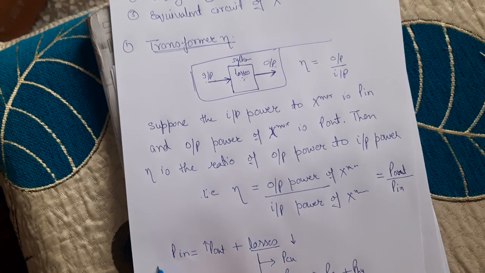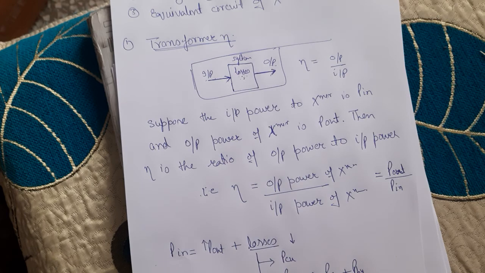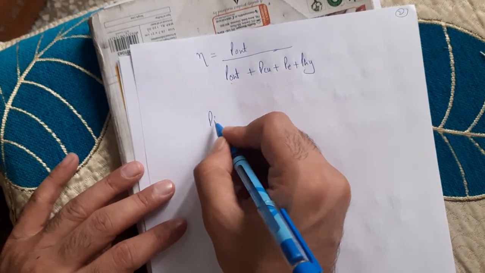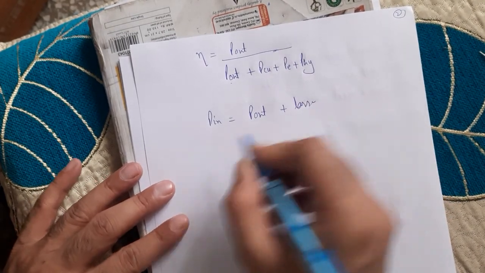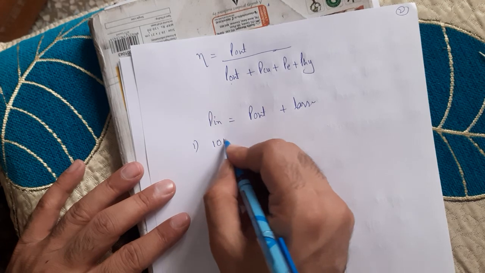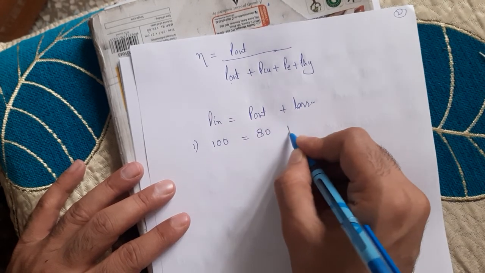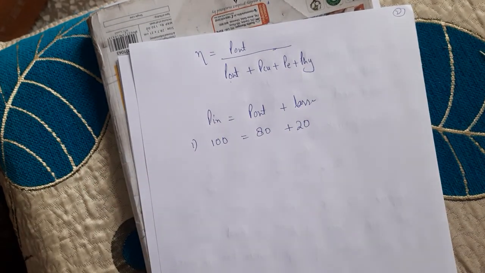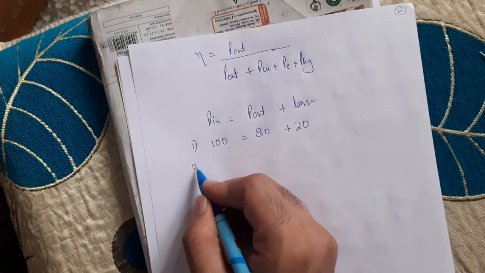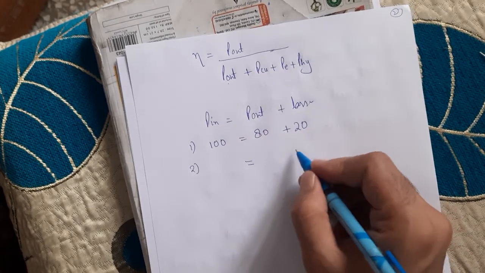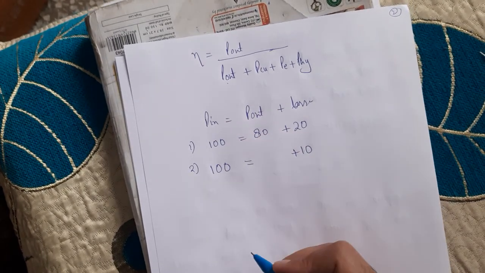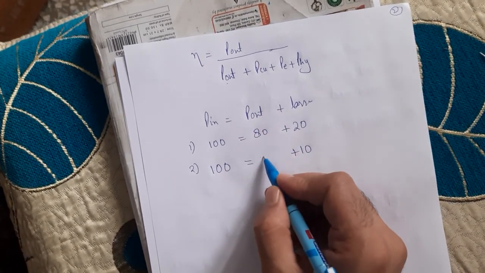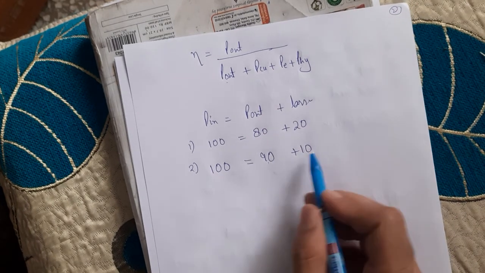Input is 100, so what will happen to the output? Output will increase by 10, it will be 90. In the first case, input is fixed at 100, output is 80, losses are 20: 80 plus 20 is 100. In the second case, the loss is 10 only, input is still fixed at 100, so output will increase to 90. So 90 plus 10 is again 100.